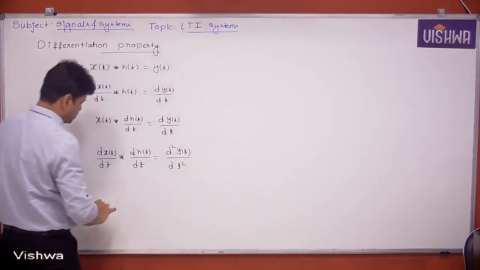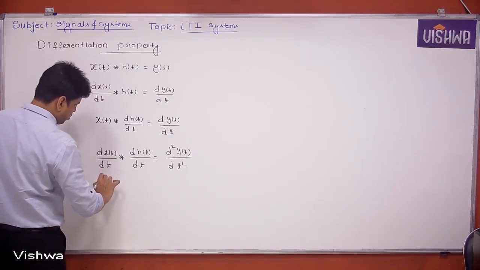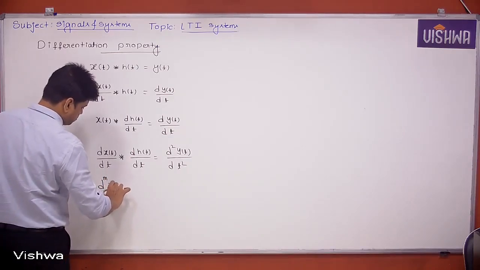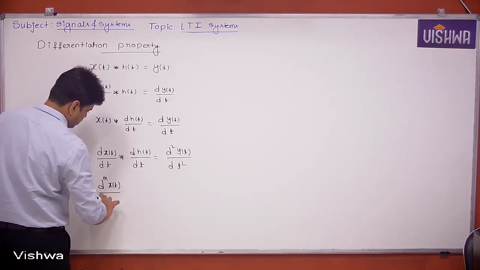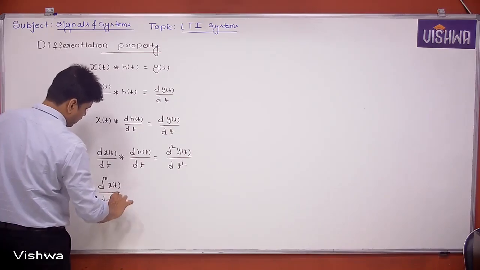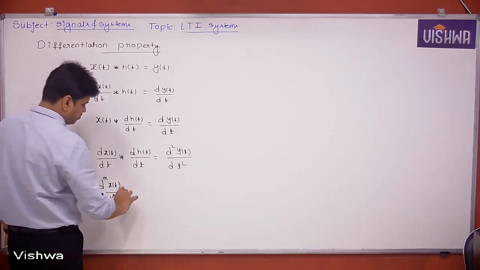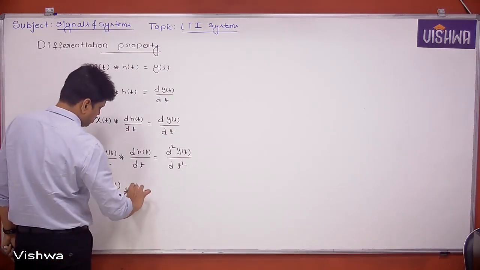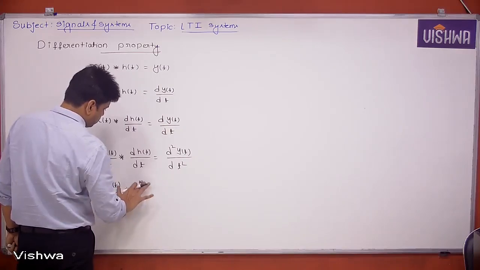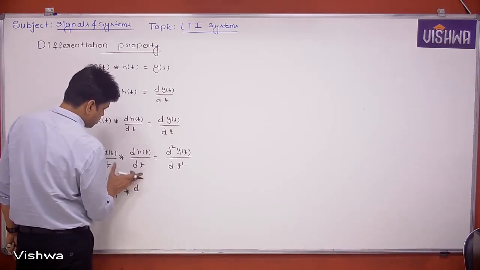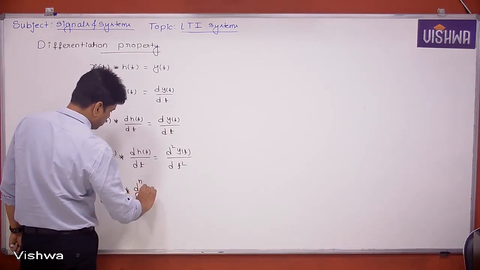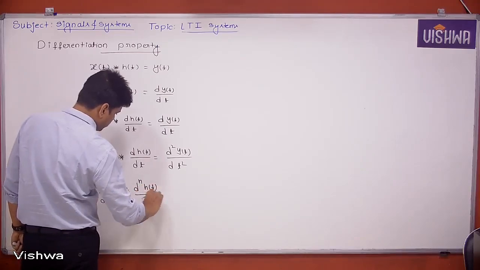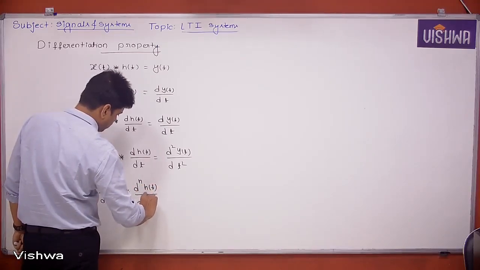In general, suppose if I do d power m x of t by dt power m, that means m times the differentiation of x of t, convolution with d power n h of t by dt power n.